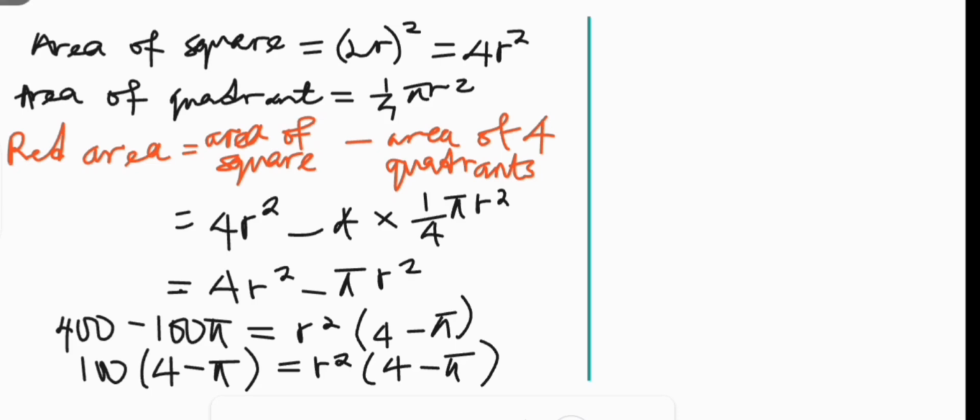We can then divide both sides by 4 minus pi. So 4 minus pi cancel out on both sides, meaning that we have the square of the radius of each quadrant to be 100, and taking the square root means that the radius is 10 units.